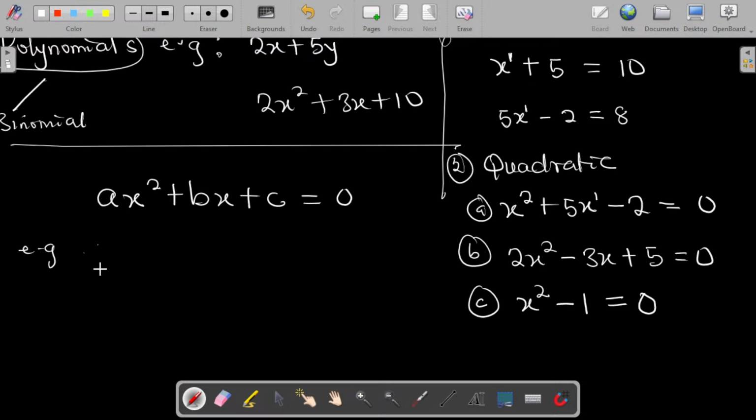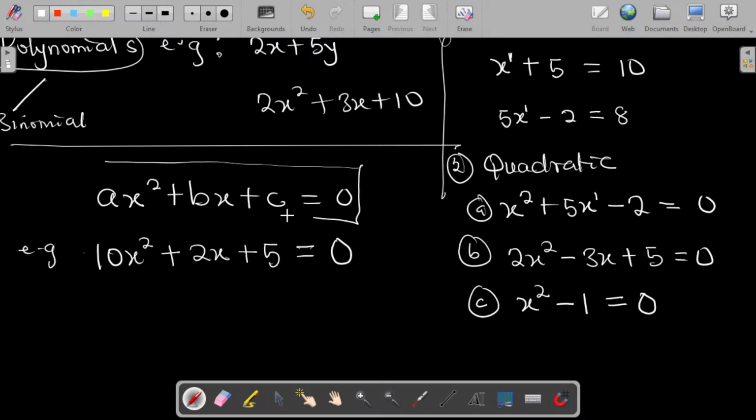Something like 10x squared plus 2x plus 5 equal to 0. This one is a quadratic equation here. The highest power of x is 2. And even though there is x power 1, that makes it a complete quadratic equation. So you can have many other examples. So we said that the general form is this. In that case, for this example, our a is equal to 10, our b is equal to 2, and our c is equal to 5.